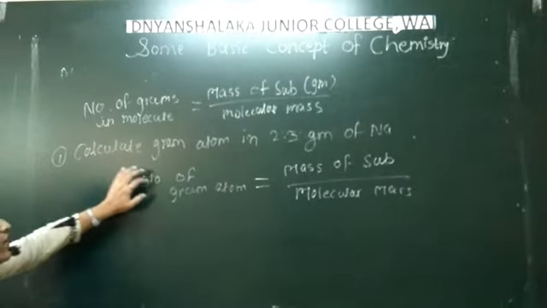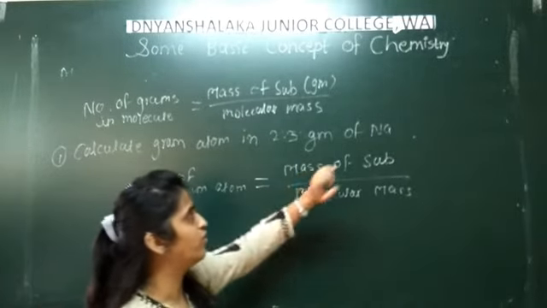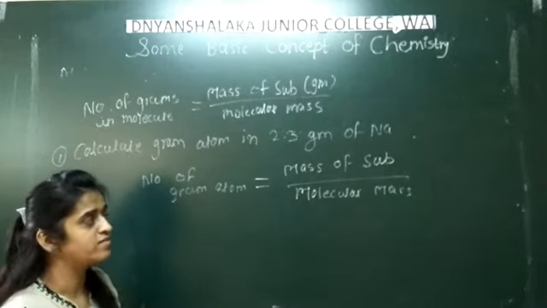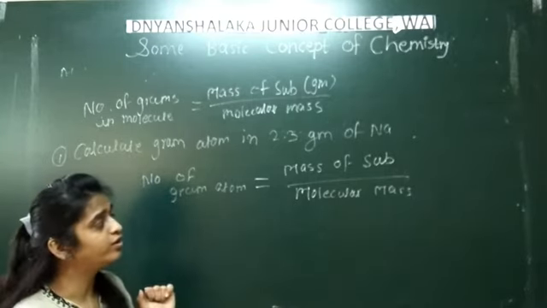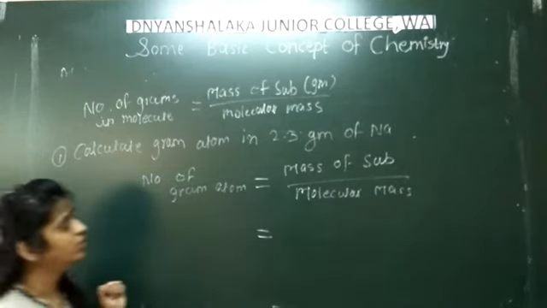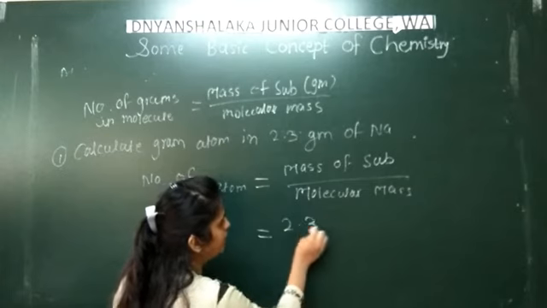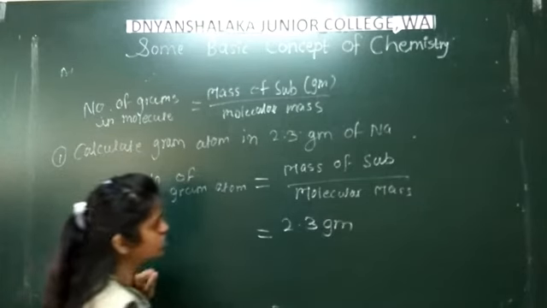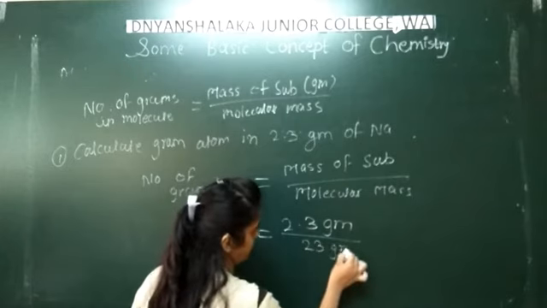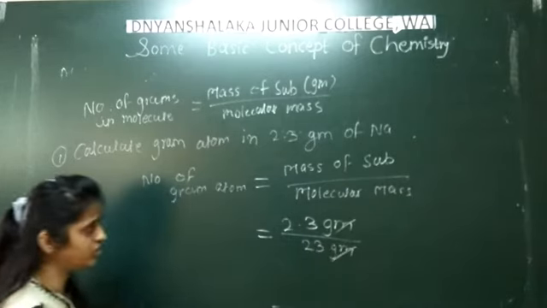Second example, calculate gram atoms in 2.3 gram of sodium. So formula: number of gram atoms is equal to mass of substance upon molecular mass of substance. So mass of substance is 2.3 gram, which is given in this question, and atomic mass of sodium is 23 gram. So the units cancel with each other.